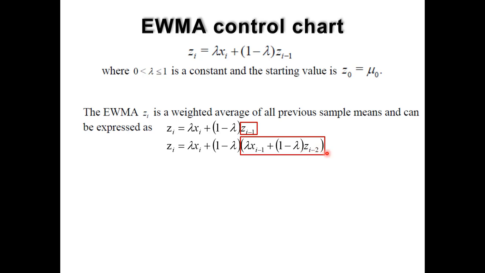So this is the formula which will continue for each and every Z statistic for the respective observations.